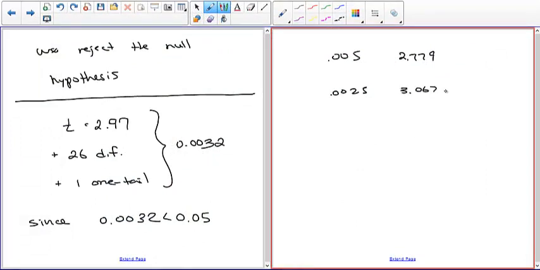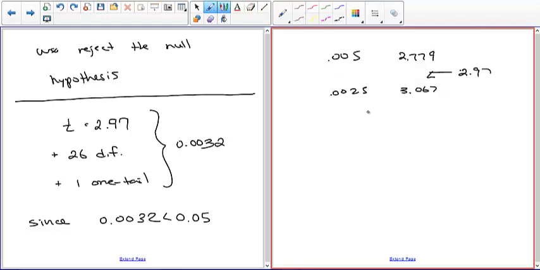And our real value is 2.97, and we're trying to figure out what it is in here.